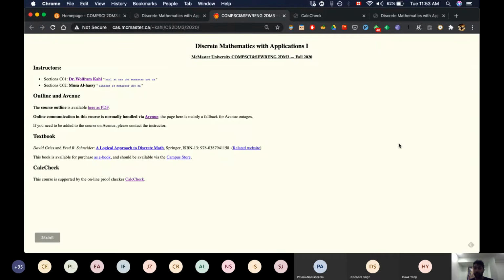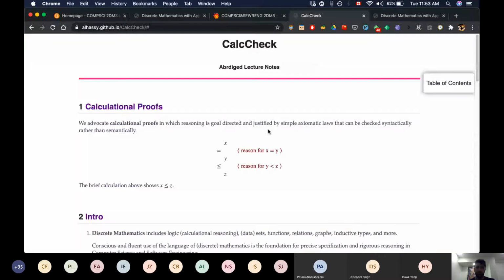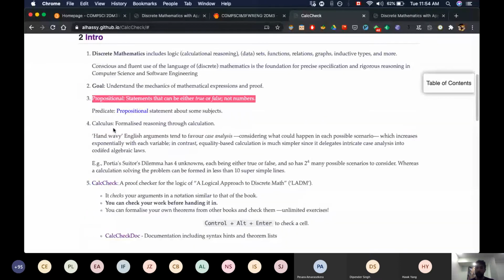The majority of the work will be done on CalcCheck itself and MS Teams and Avenue. Occasionally, I will post some abbreviated notes just to summarize what was covered in class. So, for example, we talked about some stuff today, and that's what's here, and I'll try to update it as we go along.